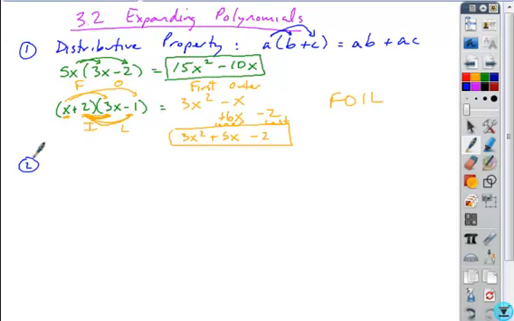The other way is to apply one of these special product forms, and these are the three that you need to be familiar with in this section. All right, the first is the sum and difference of terms.